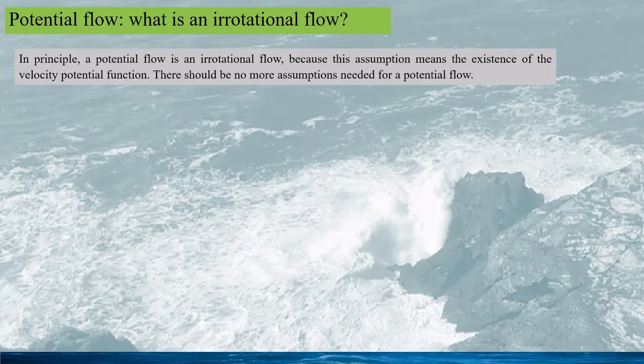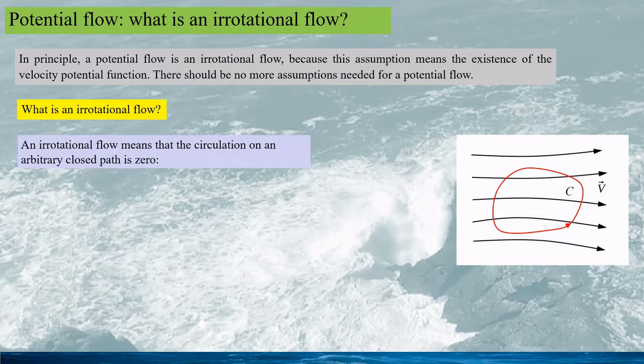In this slide, I will show you what a potential flow is. In principle, potential flow is an irrotational flow, because this assumption leads to the velocity potential function, and there should be no more assumptions needed for a potential flow. Then what is an irrotational flow?